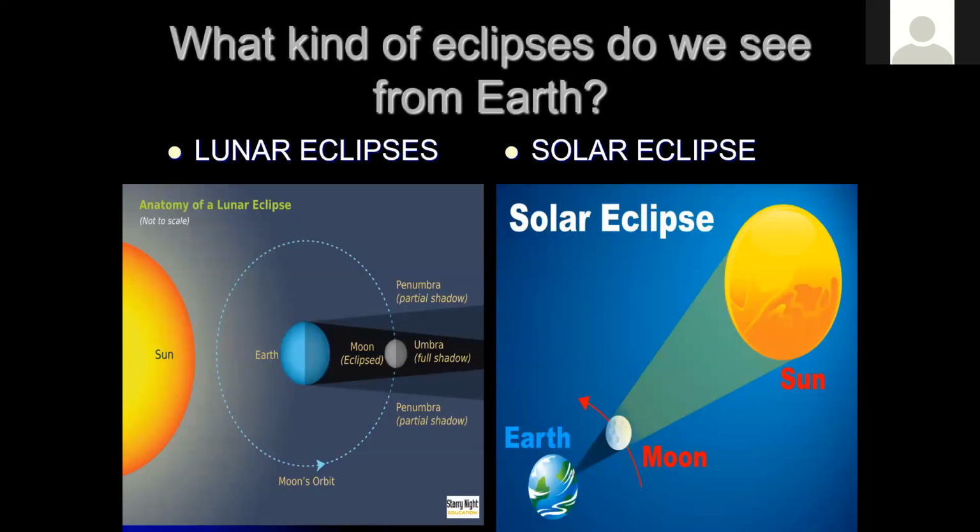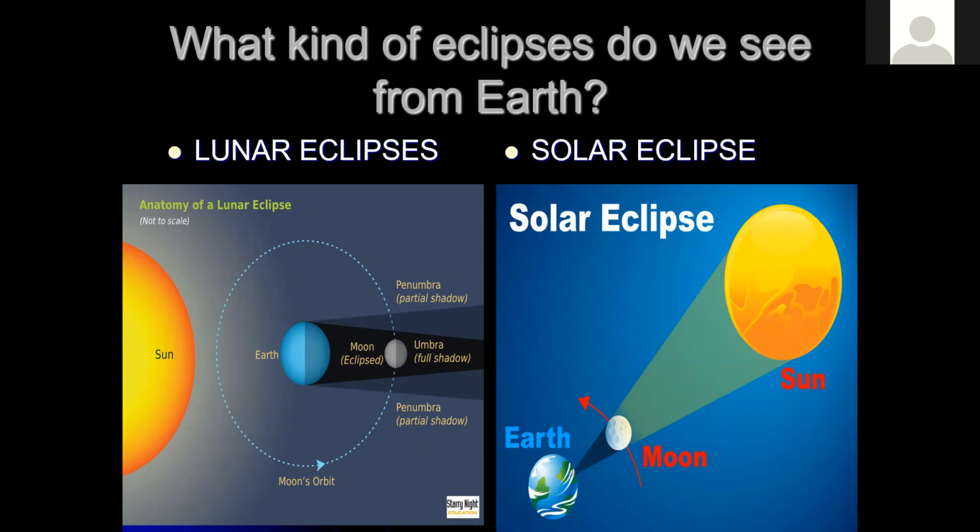All right, so what are the two? This is one that I put up for you. So these are my notes. But I wanted you to see the two types of eclipses that we can see from the earth. So we've got lunar eclipses. So you've got sun, earth, moon. When the moon is behind the earth, we call it a lunar eclipse. Then a solar eclipse is sun, moon, earth.